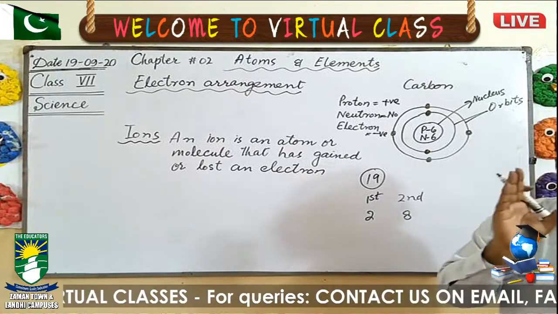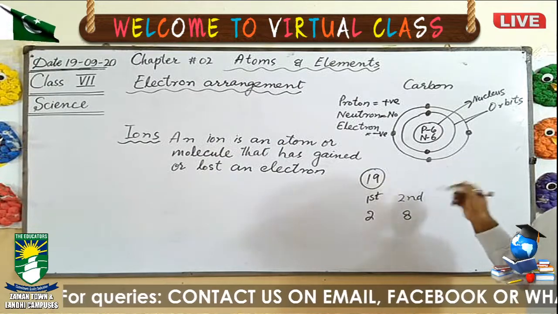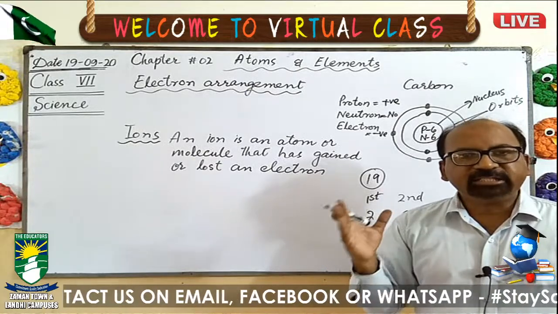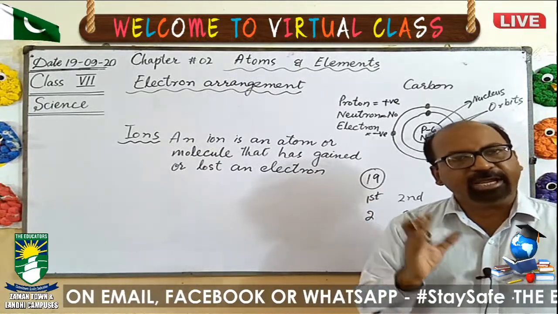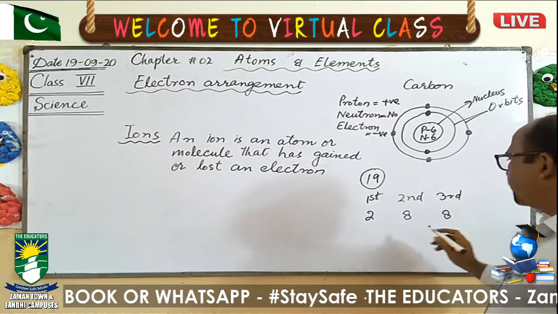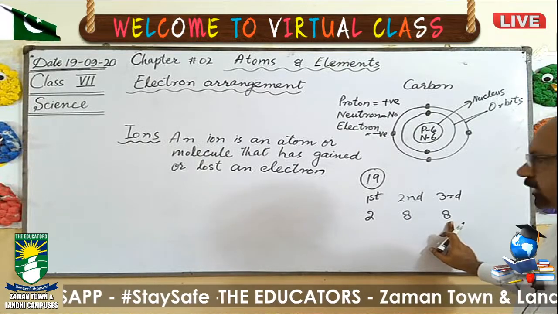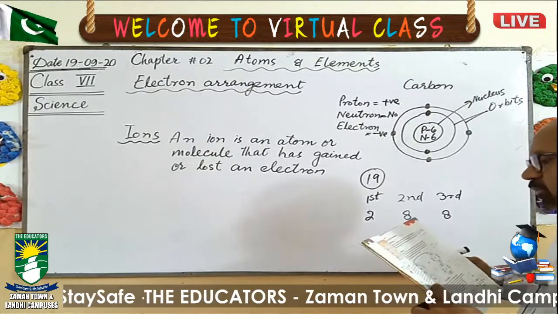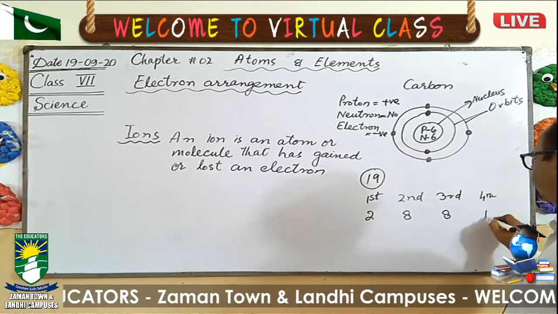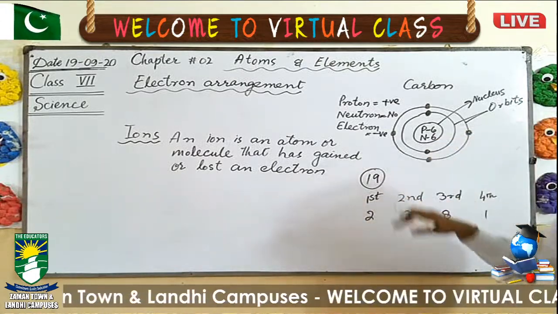In the first orbit the maximum is 2, the maximum number of electrons in the second orbit can be 8, and also in the third orbit the maximum number of electrons can be 8. So in the third orbit, 8. Now 2 plus 8 is 10, 10 plus 8 is 18, and 1 more will go in the fourth. So this is the arrangement of electrons.